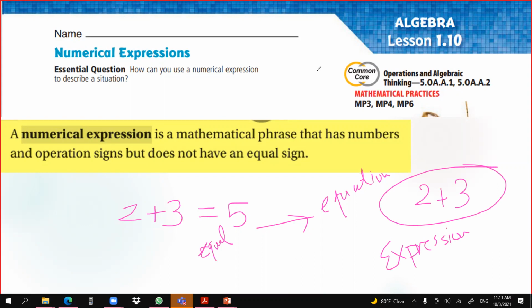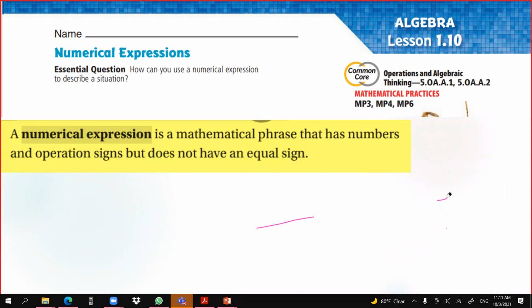Do you know the difference between equation and expression? An equation has an equal sign, but an expression doesn't. Look at me, I will give you another example now. Like 3 plus 4 is 7. How can we read it?